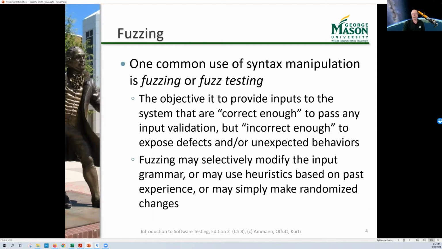But there are errors in there that maybe our system won't catch. And perhaps we can show that our system will behave in some undesirable way, which will, of course, then give us the opportunity to go fix that. So fuzzing might selectively modify the input grammar, or it might use some rules of thumb, right? Some heuristics based on past experience. It may make just simply randomized changes, although random changes aren't necessarily always all that useful.